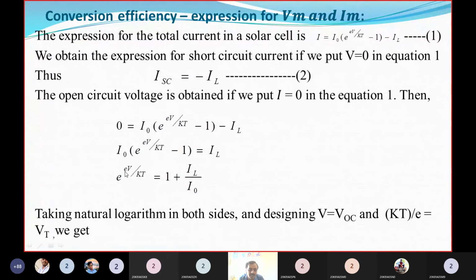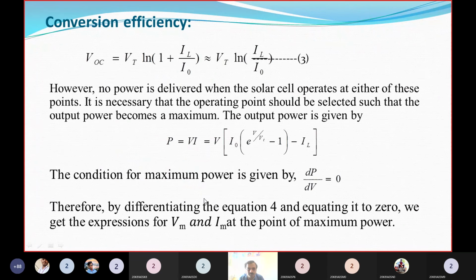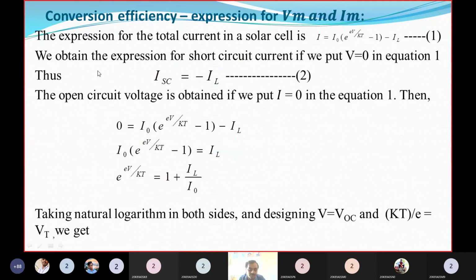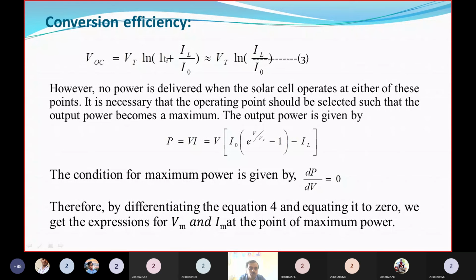So VOC by VT is equal to ln of 1 plus IL by I naught. If you bring VT to this side, VOC is equal to VT into ln of 1 plus IL by I naught.